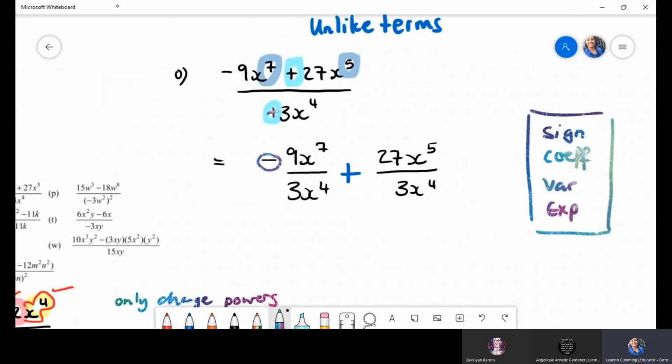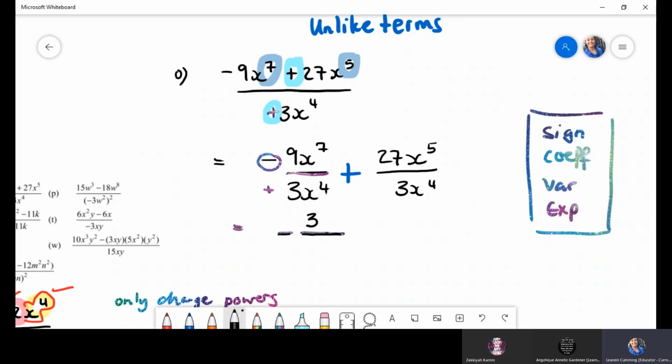A negative divided by a positive, this is the division sign, leaves me with a negative. 9 divided by 3 leaves me with 3. And I made a clear distinction between my numerator and my denominator to work accurately.